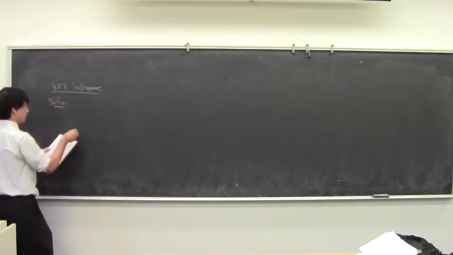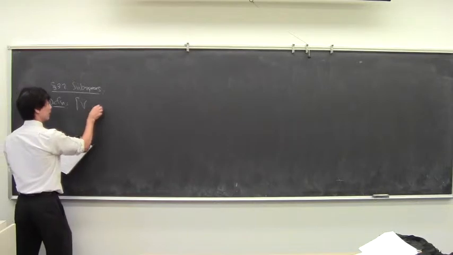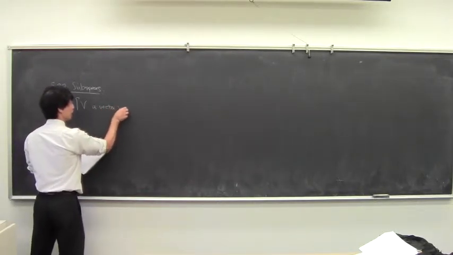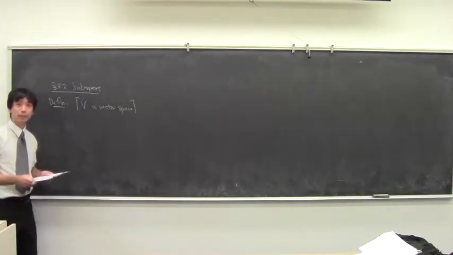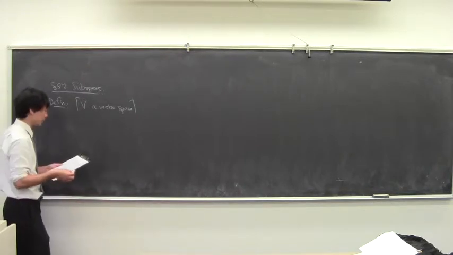Here's the definition. You have V, a vector space, and this is the abstract vector space that we talked about last time, not Euclidean space.